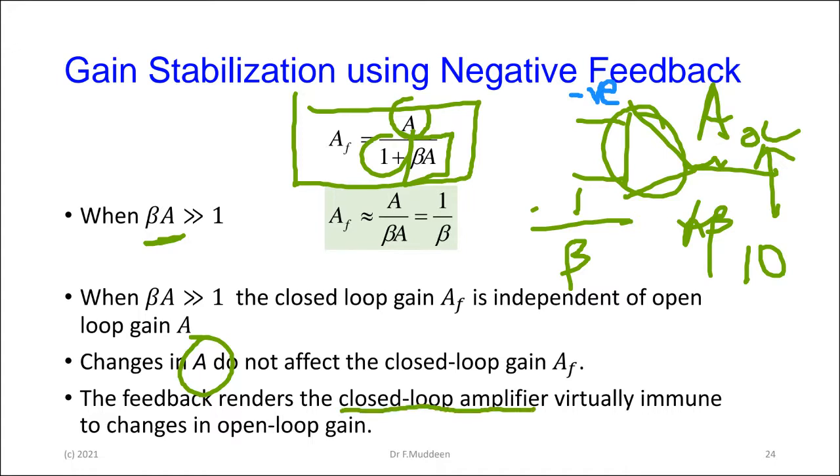So if you have the amplifier and you find that, let's say, A open loop may be changing 10% because of temperature, right? You go into our labs, and the labs are maybe at about 25 degrees Celsius, and you design a circuit, but the circuit is designed to do something outside, right?